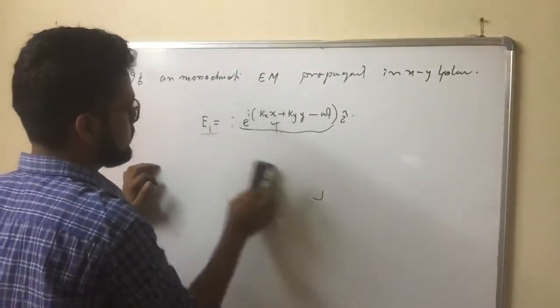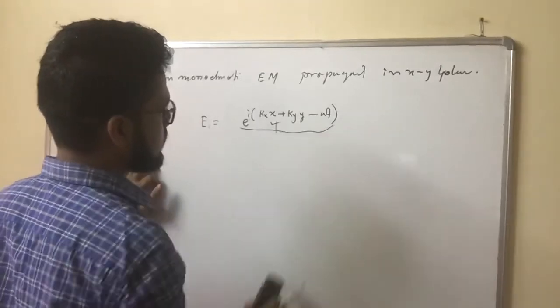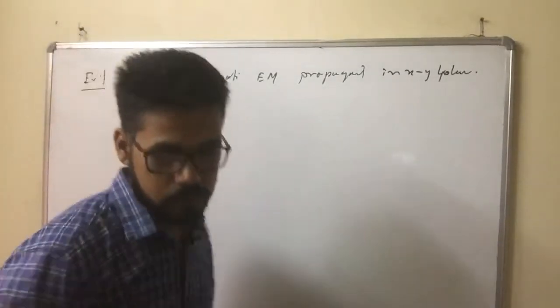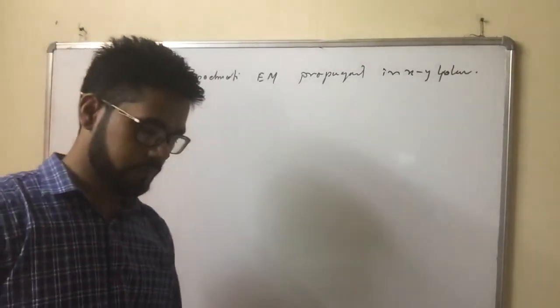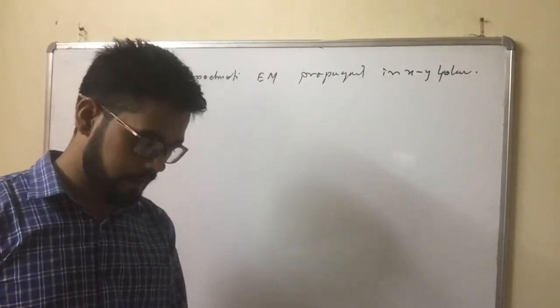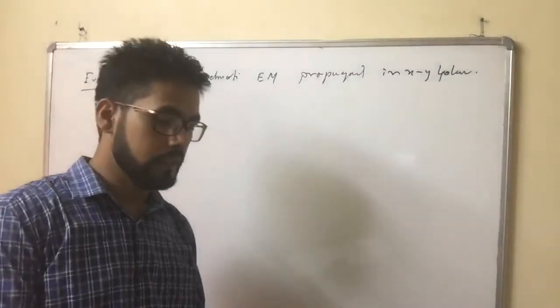Suppose I give you another question. In the last exam I gave you one or two questions. This question comes in the NET exam, so I will give the question.